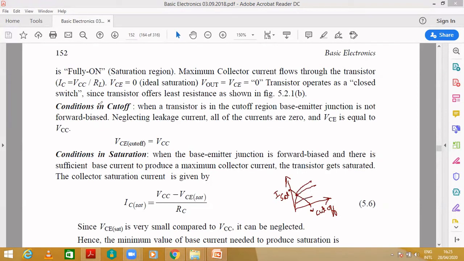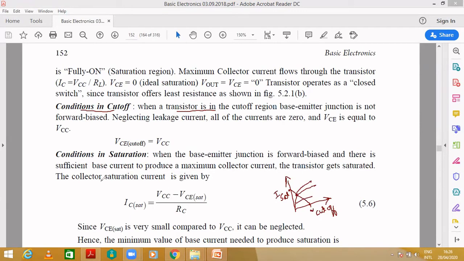So first, conditions in cutoff region. We already know that both the base emitter junction and the base collector junction will be reverse biased. So it is not a forward bias. When both junctions are reverse biased, it means there is 0 volt to the base.